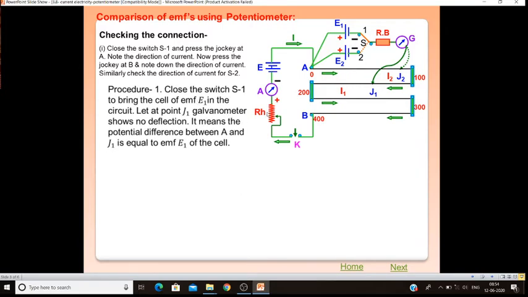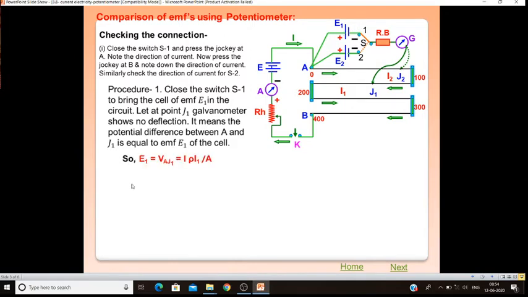If switch S1 is closed, now bring the cell of EMF E1 in the circuit. Let at point J1 the galvanometer show no deflection. It means the potential difference between A and J1 is equal to the EMF E1 of the cell.